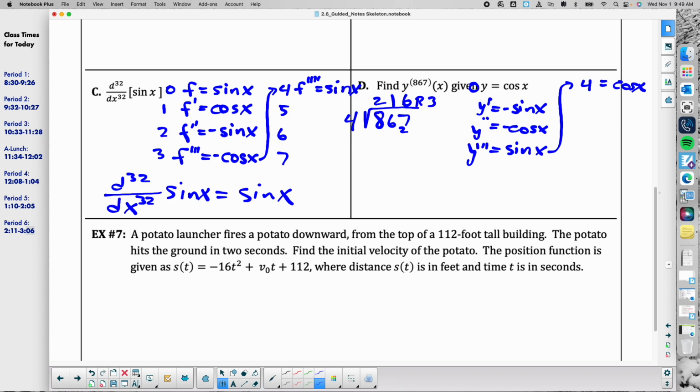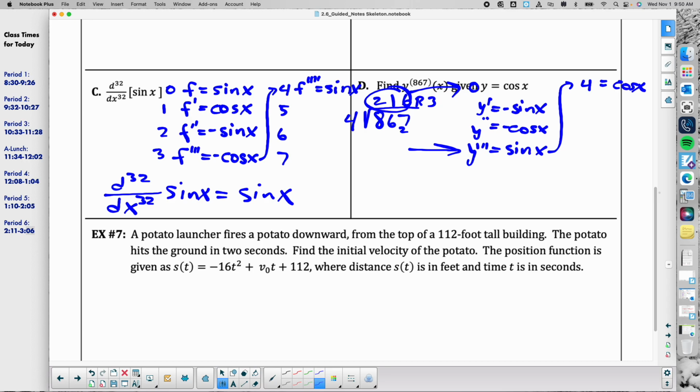If it divides evenly, that would be the 0 or the fourth whole multiple. Your remainder tells you which one of the other 3 it would be. Because I have remainder 3, it's going to be this one.